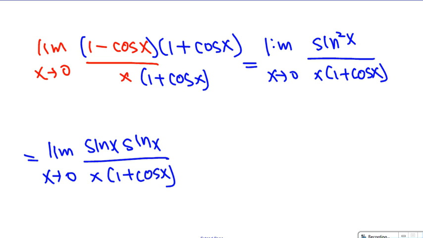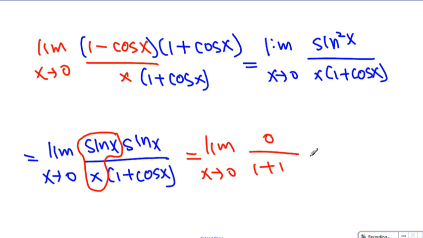And what do you realize? Here, once again, sine x over x will be equal to 1. And as x approaches 0, what do we end up getting? We get 0 over 1 plus 1, which is simply equal to 0 in this case.